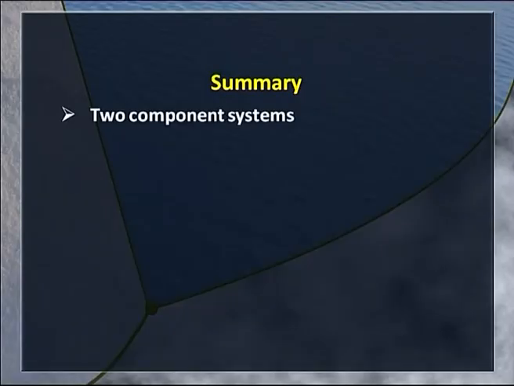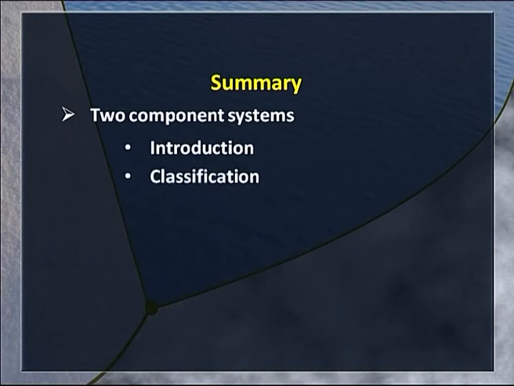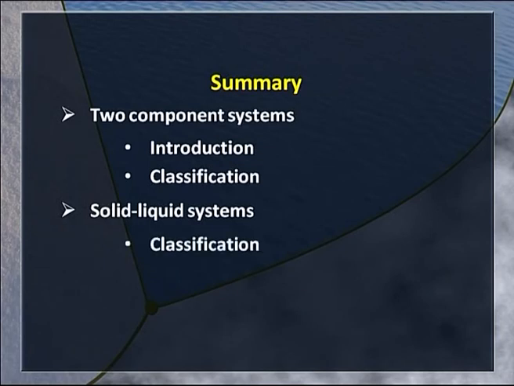Let me summarize what we have seen today. We started with two component systems. I introduced you to the two component systems, taking off from what you learned from one component systems, the classification of two component systems, out of which we chose solid liquid systems for our studies. Further classification is there in it, and we went to simple eutectic systems.